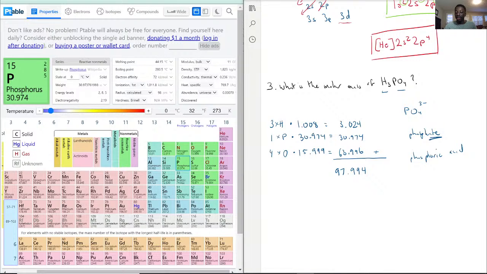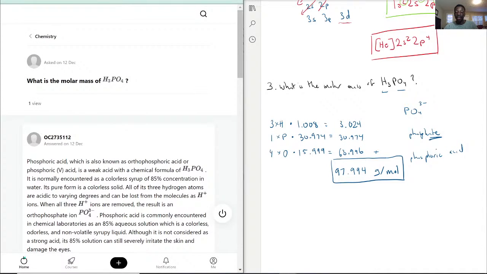And the important thing here, don't forget your units, this would be grams per mole, because now you're saying that for every 1 mole of H3PO4, phosphoric acid, you should have 97.994 grams of that molecule. Okay, so let's see how we did here in regards to that.